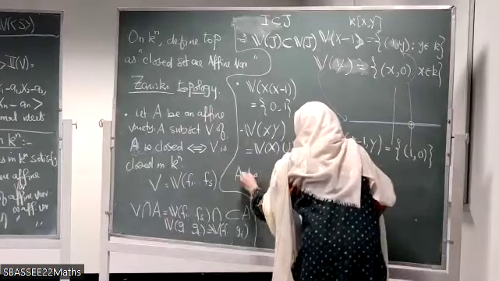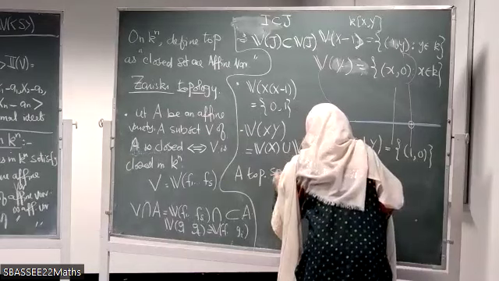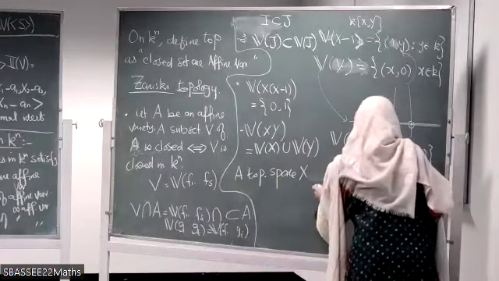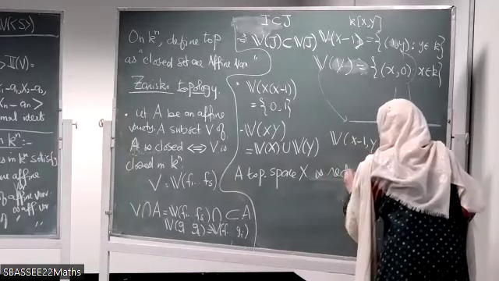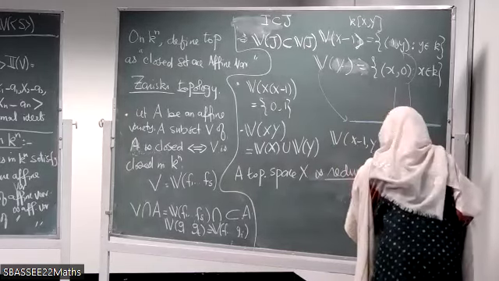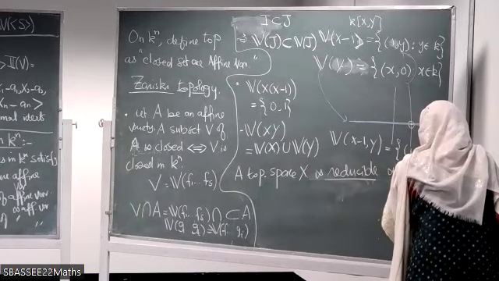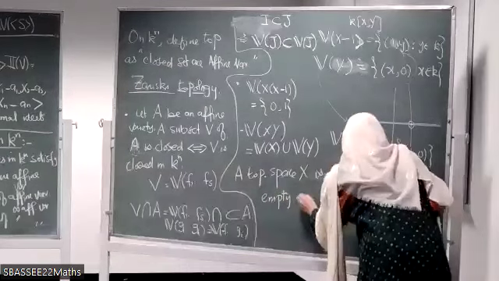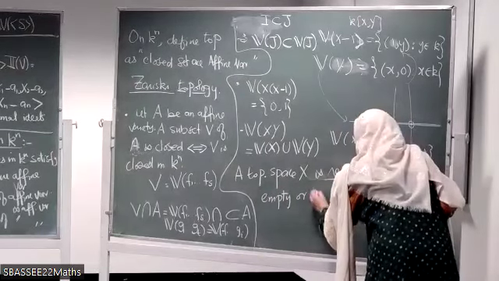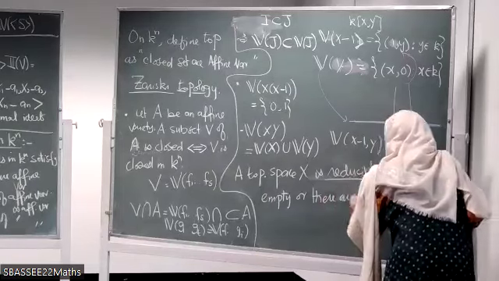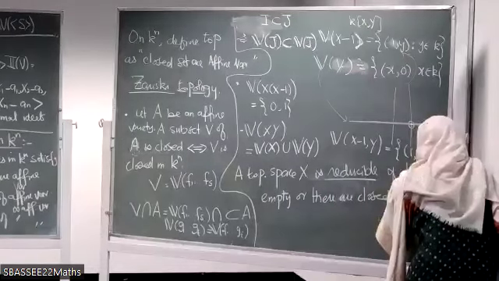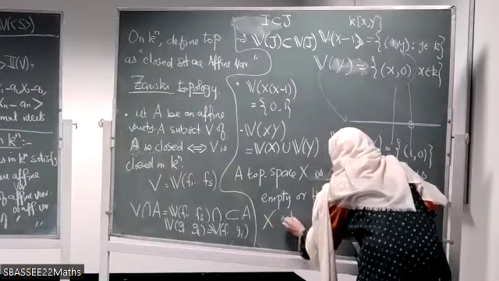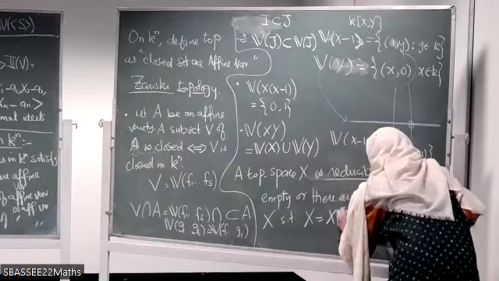So I'm just giving here the general definition. A topological space is reducible, not irreducible but reducible, if it is empty or there are closed sets of X such that X is the union of these closed sets.